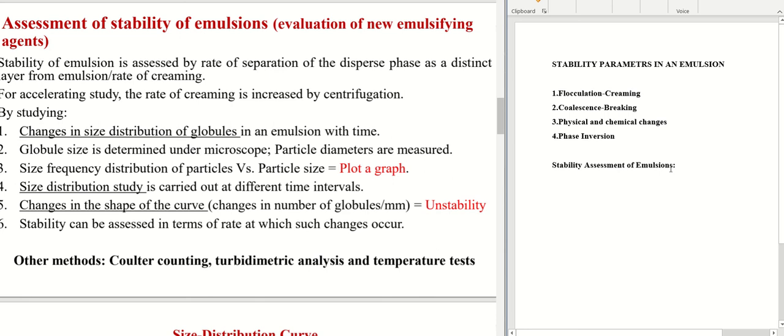We being pharmacists, it is really important to assess the stability. If the given emulsion is not stable, we need to know what the various factors are that can be altered to improve the stability of an emulsion.